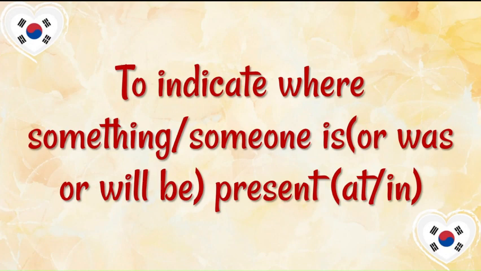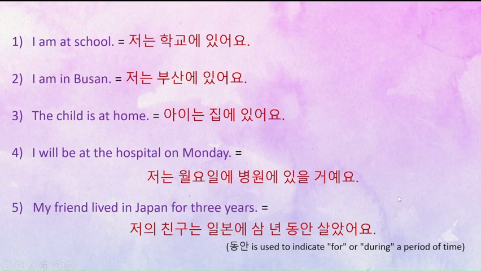Okay, now let's see how to use 에 in Korean sentences. Now as I said, one way to use 에 is to indicate where something or someone is present or was present or will be present. So here, what will be the English translation of 에? Either at or in. Let's understand through examples, it will be easier for us to understand.